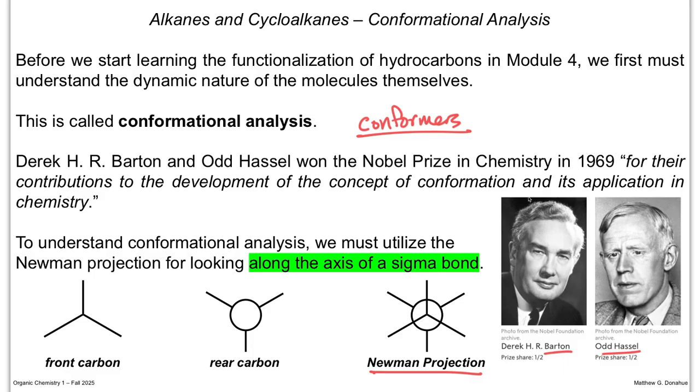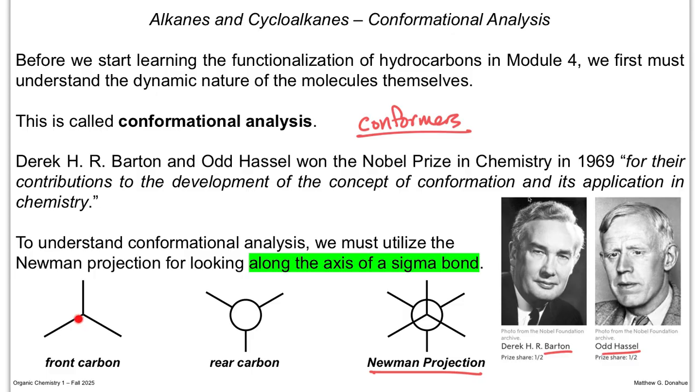And so now we're looking down a carbon-carbon bond axis. The front carbon is represented by this inverted Y. As we look down that axis, the circle is the back carbon, and the lines coming out of that are its substituents.